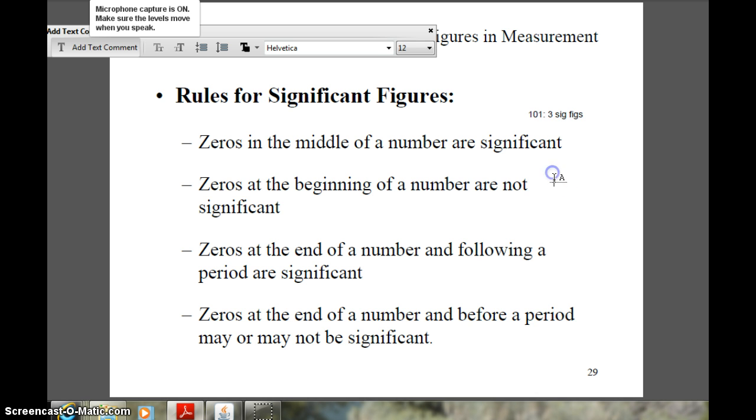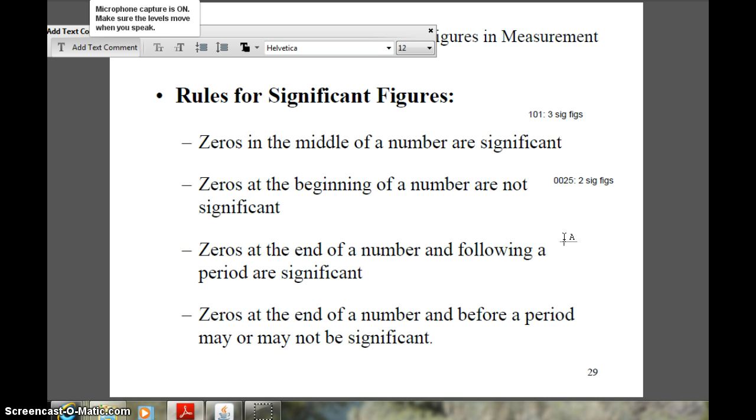On the other hand, if you have zeros in the beginning of the number, so let's say you have 0025, that contains only two sig figs because these leading two zeros mean nothing actually. They are not significant at all. Zeros at the end of a number, which are trailing zeros, if they are after the period, those are significant.